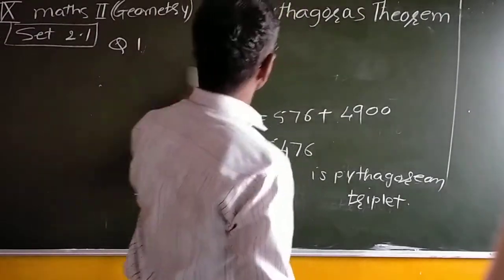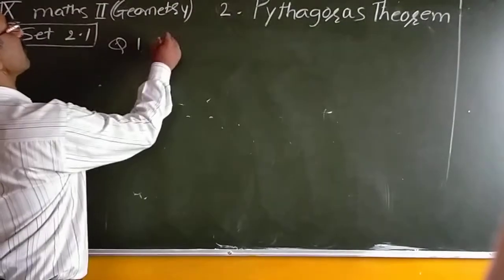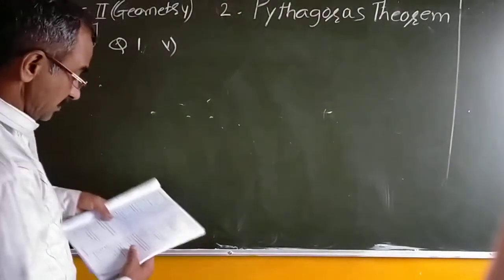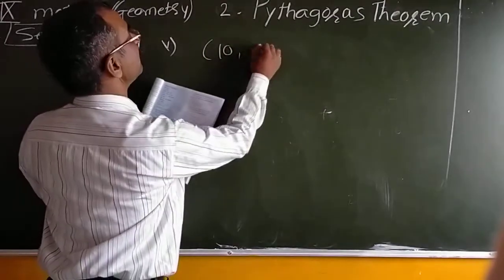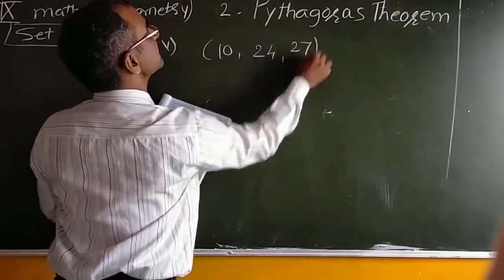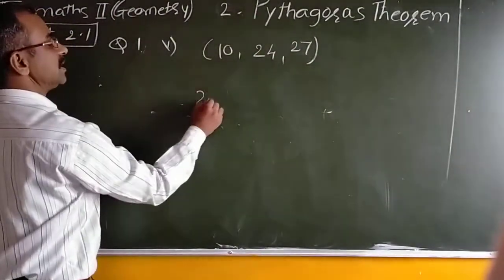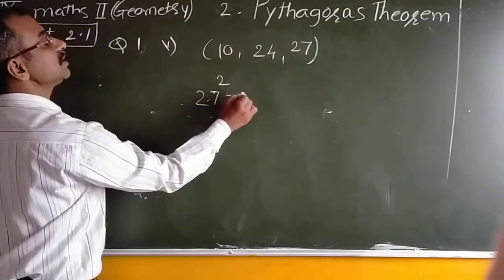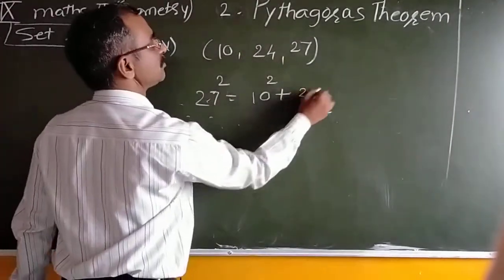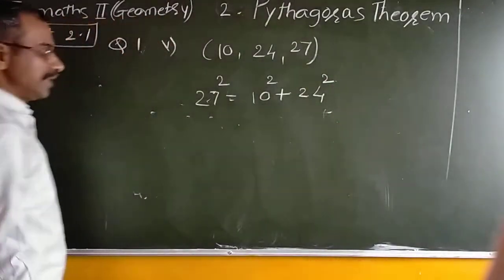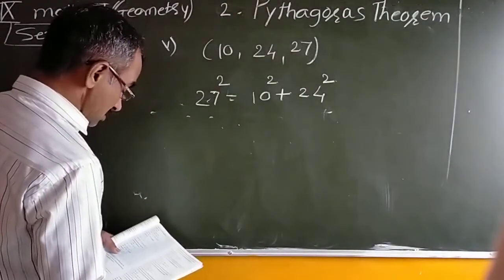Then the fifth one: 10, 24, 27. Again, which is the highest number from these three? 27. Its square, 27 square, should be the sum of the squares of the remaining two numbers, 10 square and 24 square. Therefore, 27 square is what?